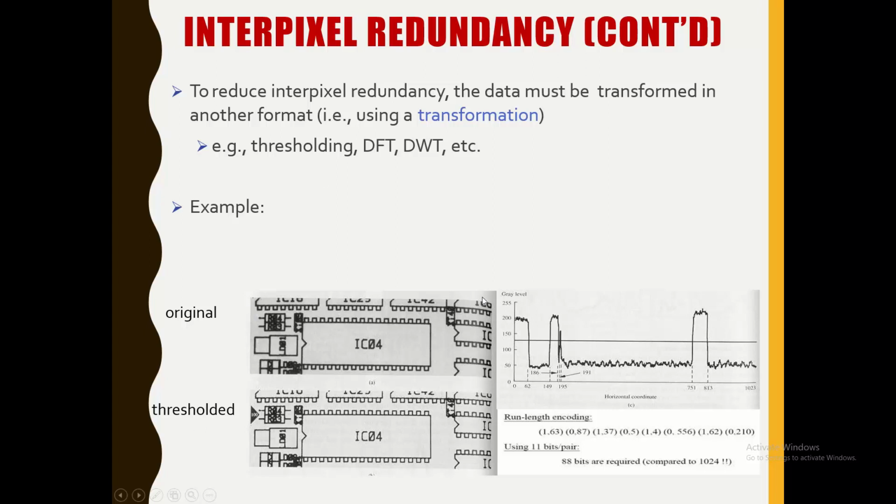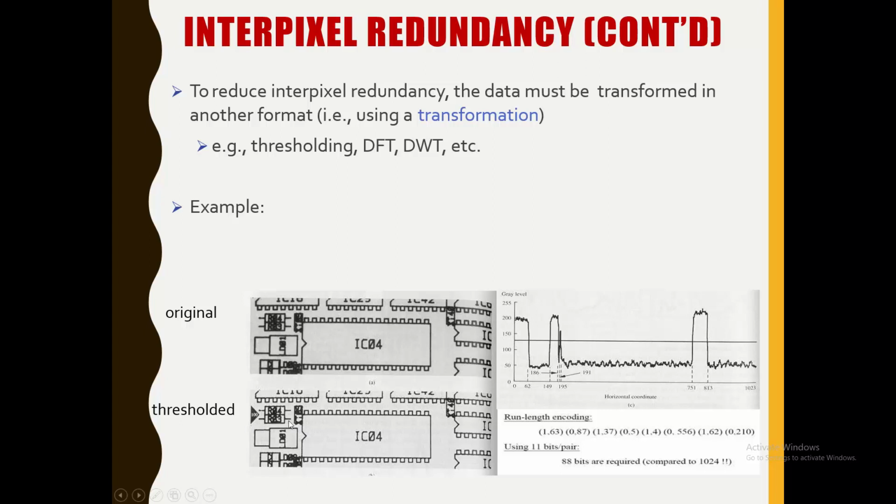The size of the original image is 1024 by 343, and that one is the corresponding thresholded image, in which if the intensity value is greater than a certain intensity value t, it becomes 1. If it is less than or equal to t, it becomes 0. So this becomes a binary or thresholded image.